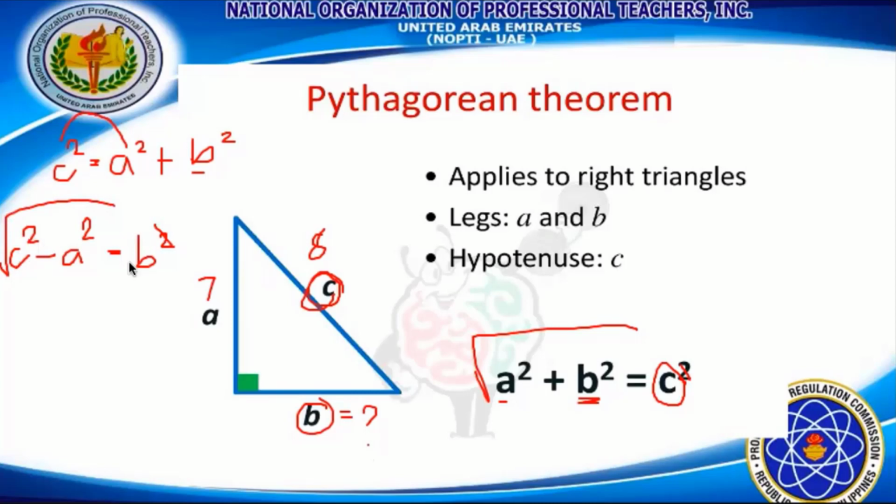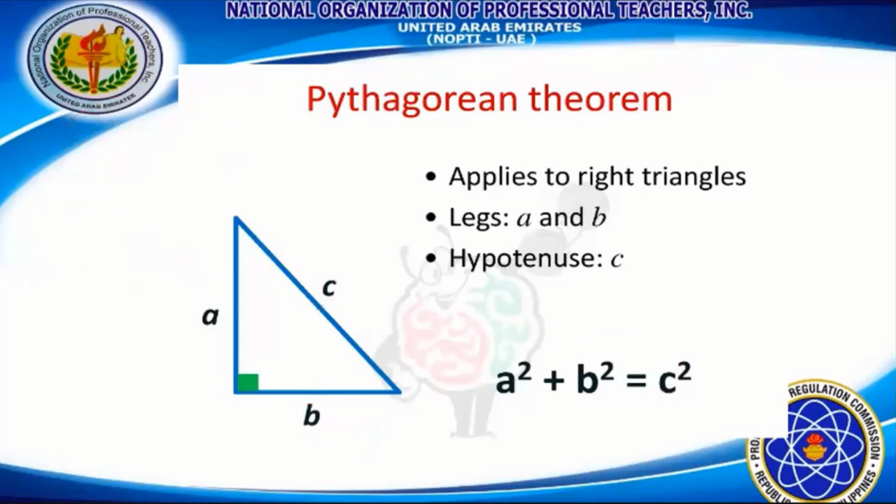C square, let's say 8. 8 times 8 minus 7 times 7. Get the square root of the difference, and that is the value of B already. Okay? Gets? So that is Pythagorean theorem. Mag-question lang kayo pag ano.